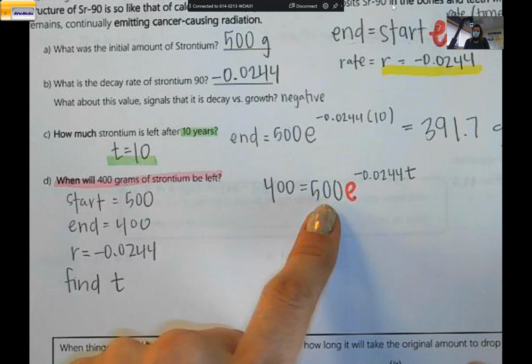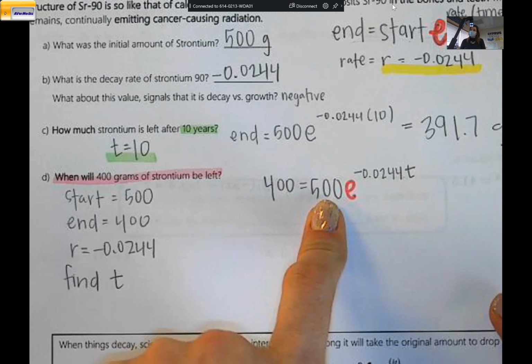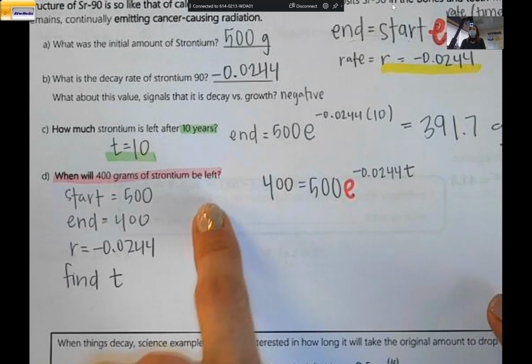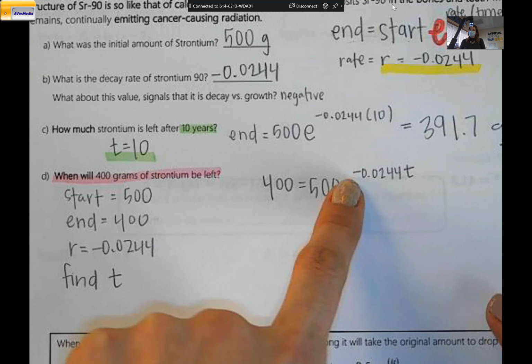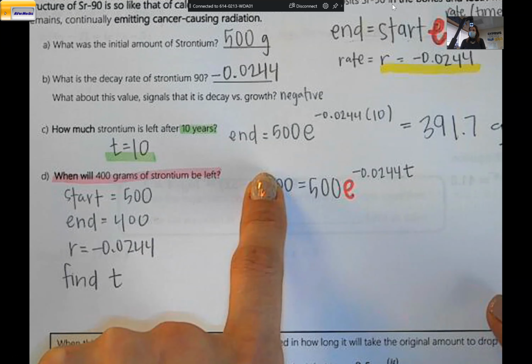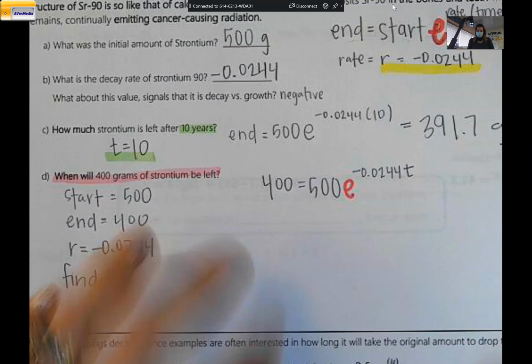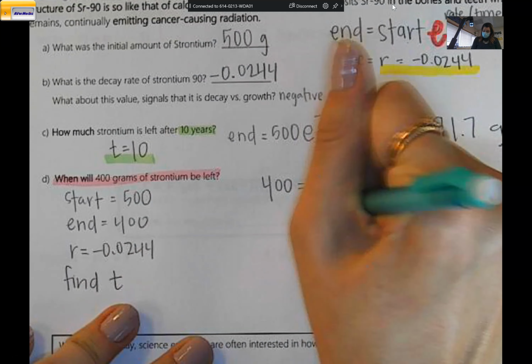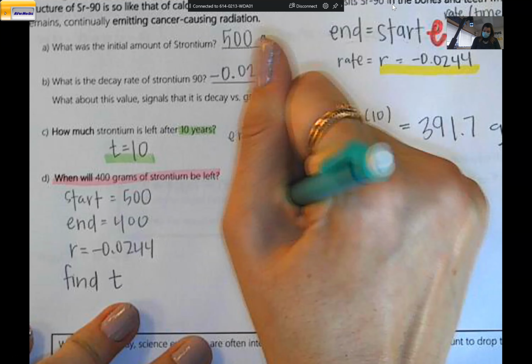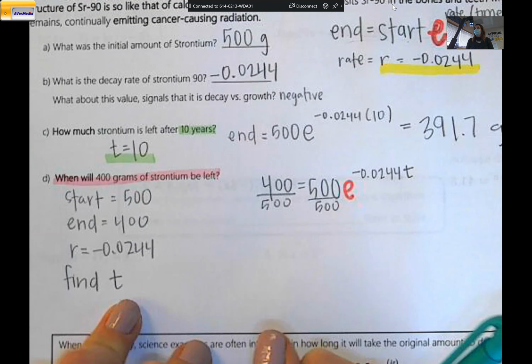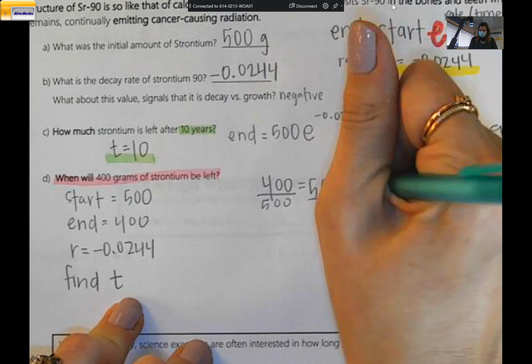Step number 1 is we have to get this 500 off of the E. Are you with me? So divide by 500 here, divide by 500 here. These go away.